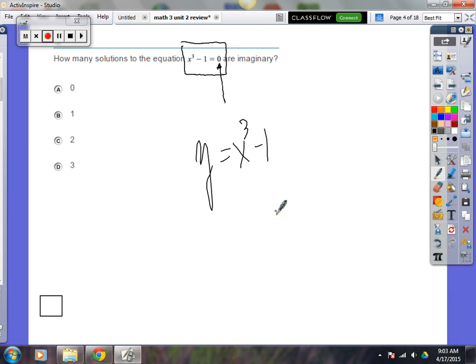So I'm going to go into my calculator, open the graph, and just type in this, because this f1 of x, that's the same thing as y. So after the equals, just punch in x cubed minus 1.